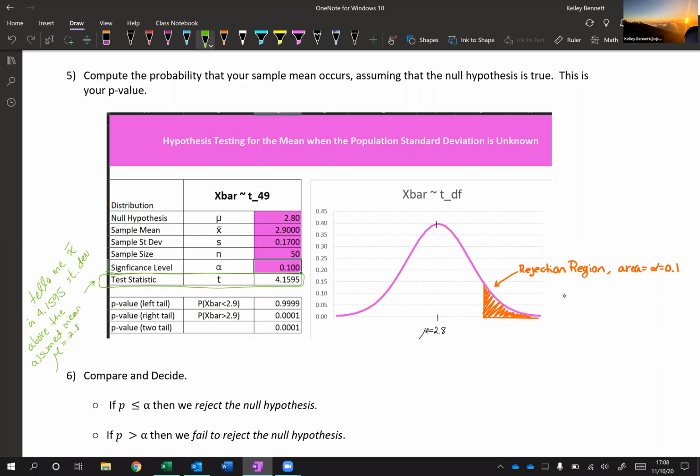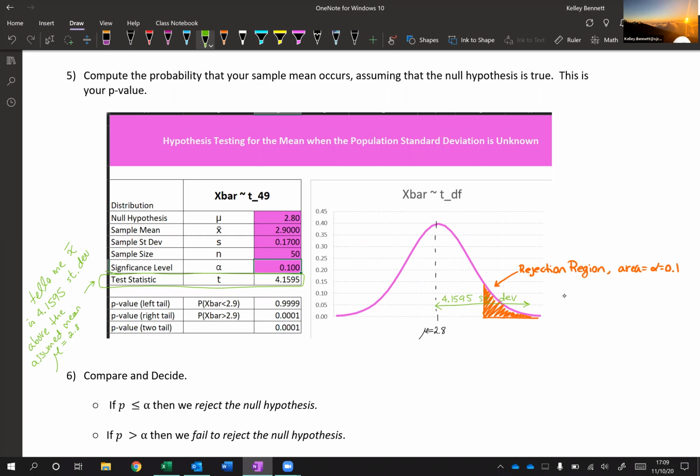That's really, really far. We know that the overwhelming majority of our data is going to fall within 3 standard deviations. So if I'm 4 standard deviations away from the mean, I'm probably way out here, if not more. So this is 4.1595 standard deviations.